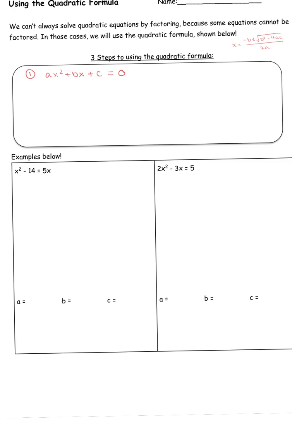The second step is you want to identify a, b, and c, because as you can see, we're just going to be plugging them in. Once we identify our a, b, and c, then we're just going back to the beginning of the year of evaluating an expression. And then, of course, 3, we are going to simplify.